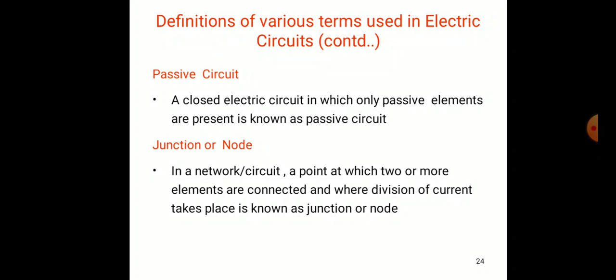At the point where two or three branches are connected, the current divides; that point is called a junction or node.